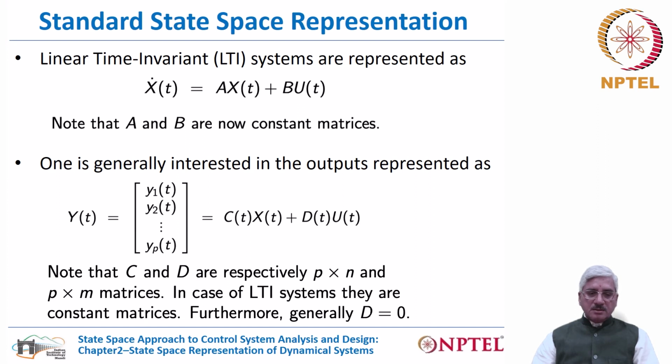It is expressed, in the case of a linear time varying system, as C(t) times x(t) plus D(t) times u(t). That is, the outputs are a linear combination of states and inputs both.